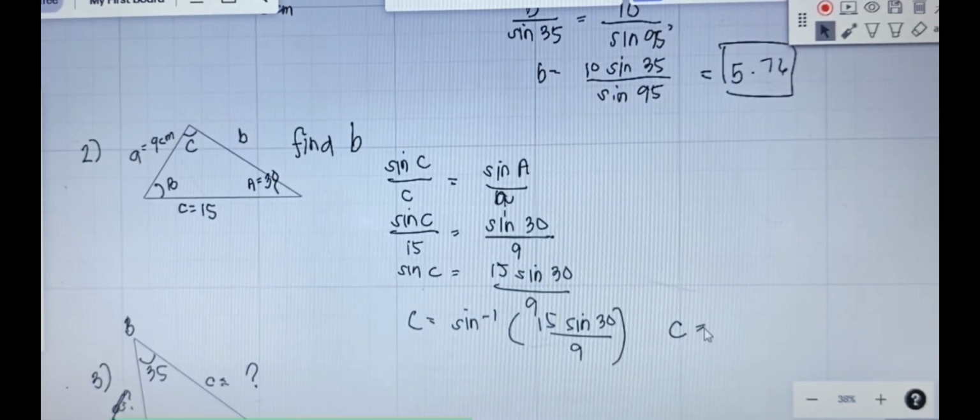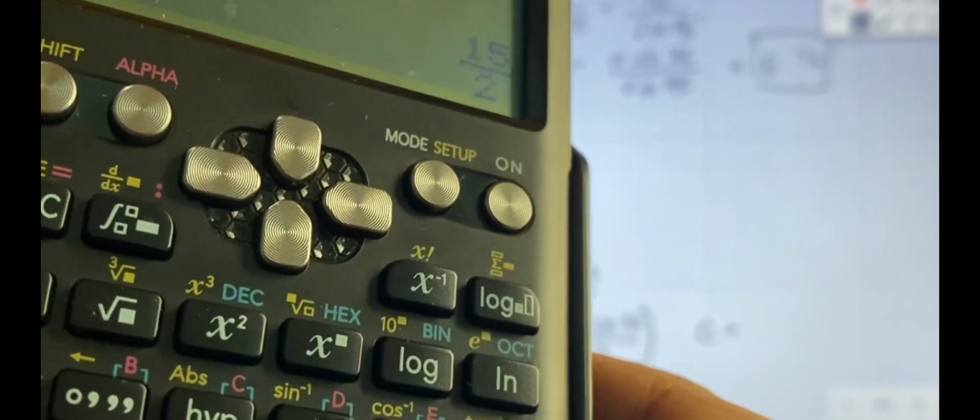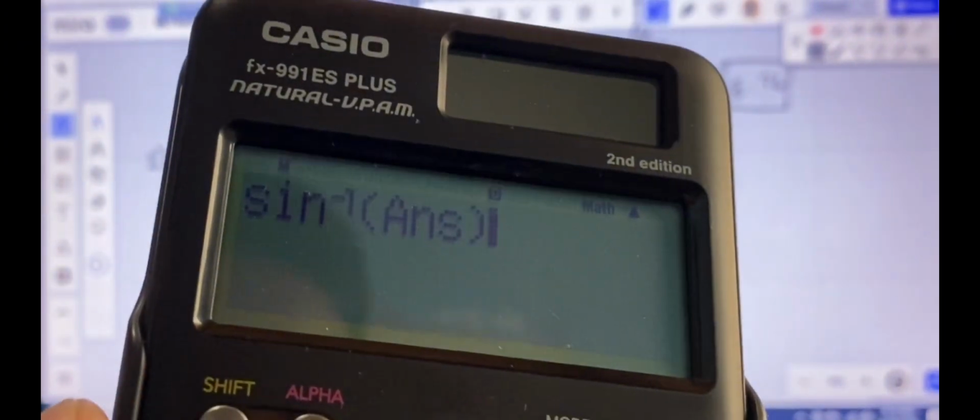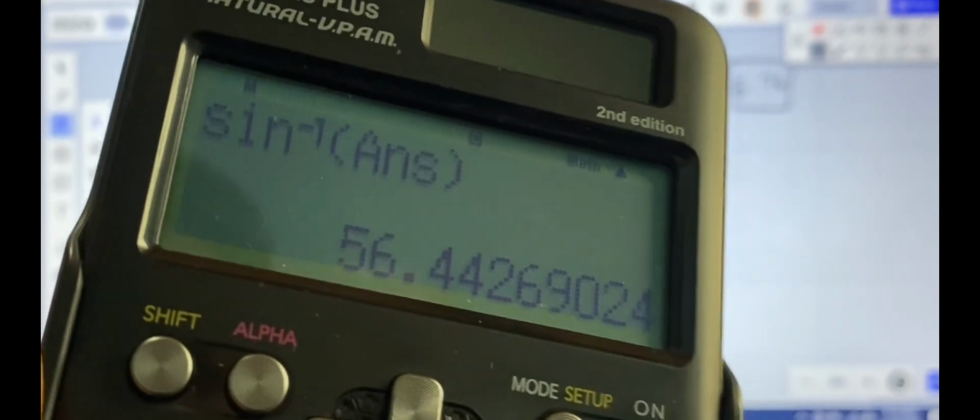And angle C is equal to, okay, let's calculate it then. 15 sine 30, then divided by 9, and then arc sine of the answer, and that's equal to 56.4.